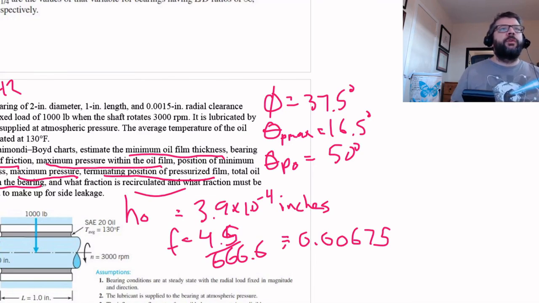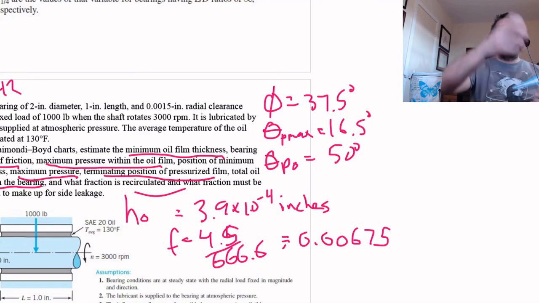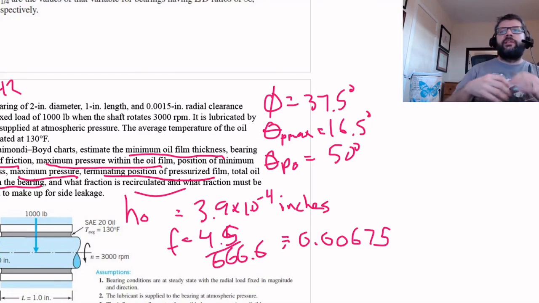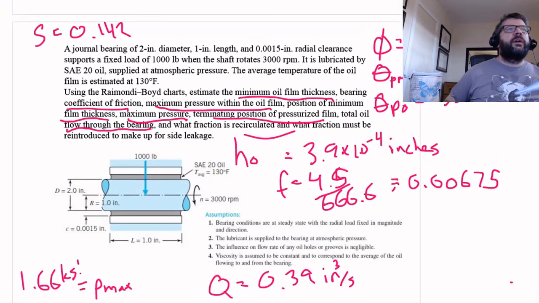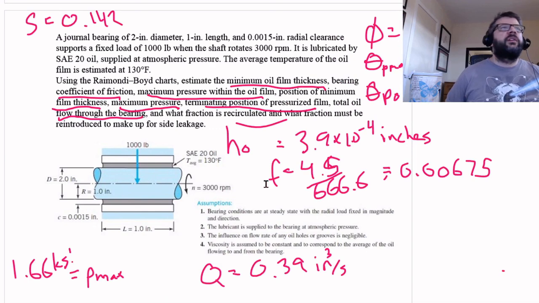So 1 minus 0.84 is 0.16. So 16% of the fluid that enters the wedge makes it back around, whereas the rest leaks at the side and then needs to get reintroduced in some other manner. So yeah, that'll be how we look up those things on our charts.